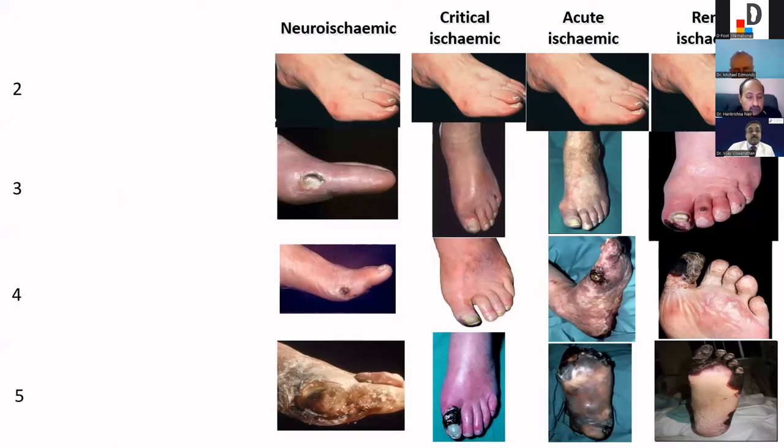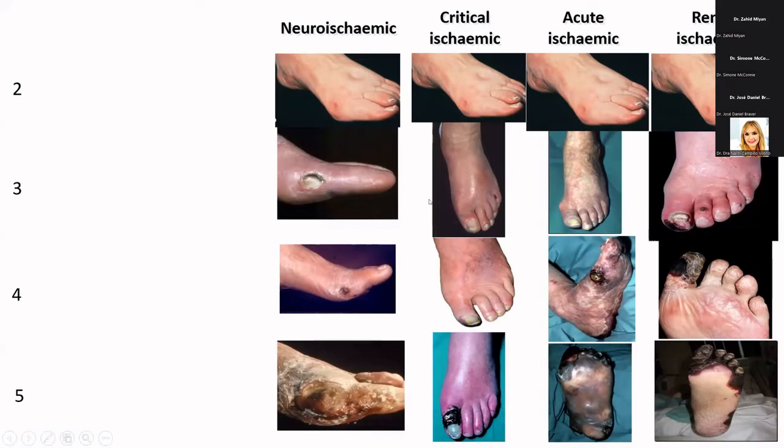The ischemic foot, the neuroischemic foot, is becoming a very common presentation to the foot clinic, and revascularization is extremely important. In some cases, in the neuroischemic foot, conservative treatment to heal that ulcer with podiatric care will be enough.